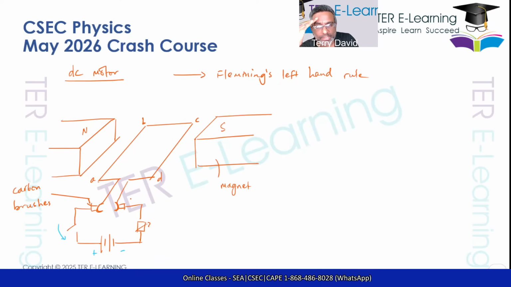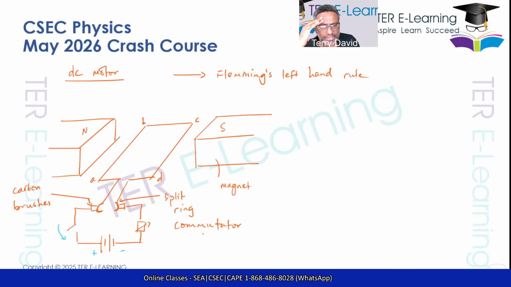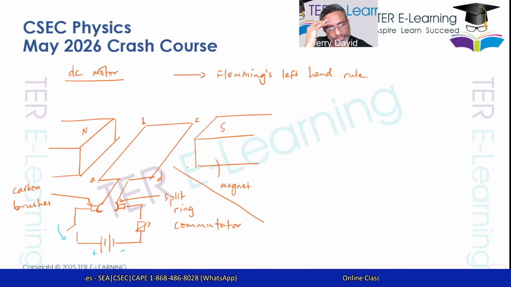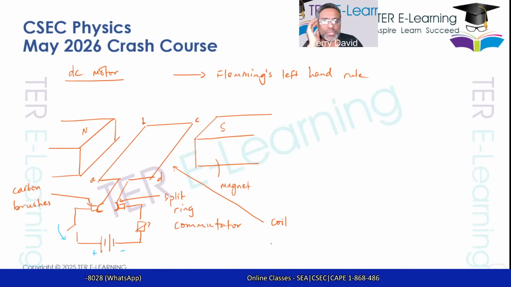They could also ask you to label this here. This guy here is the split ring commutator. Right, split ring commutator. What else do I have to do here? Label this as your coil. So I'm just showing you things that you probably could put on your label here.